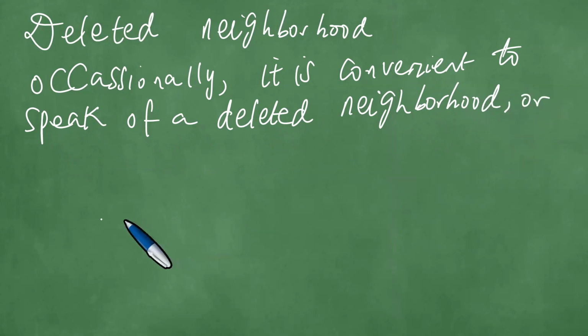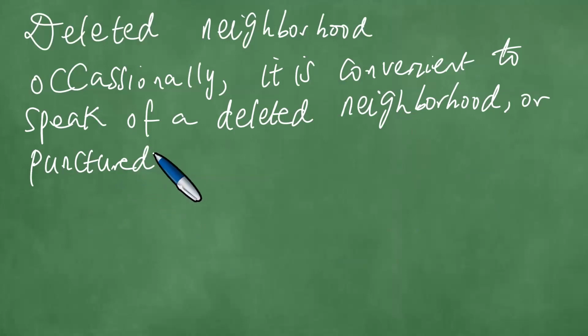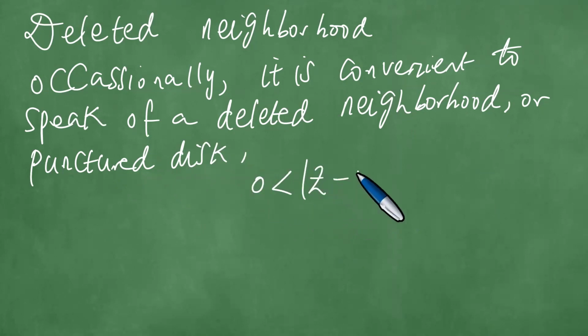Or, if we don't want to call it a deleted neighborhood, we call it a punctured disk. Z minus Z0.